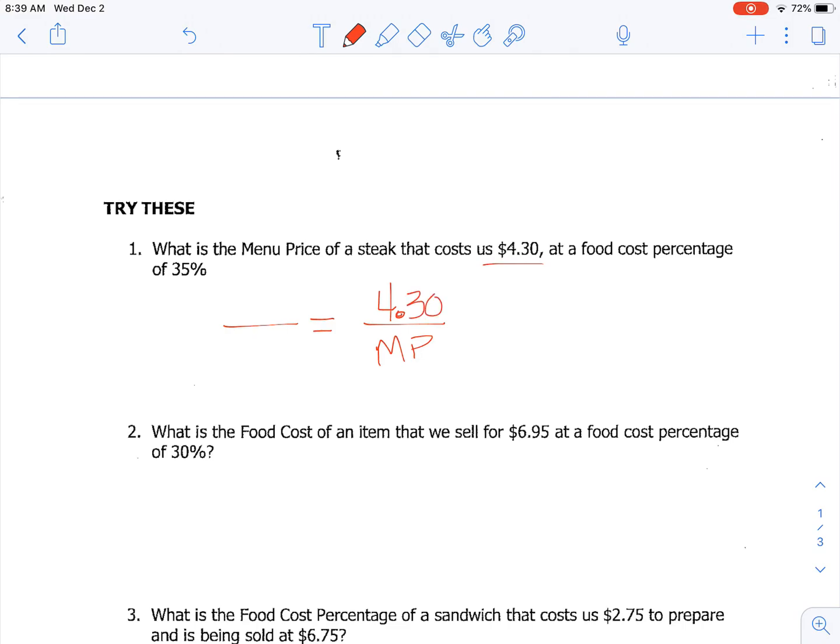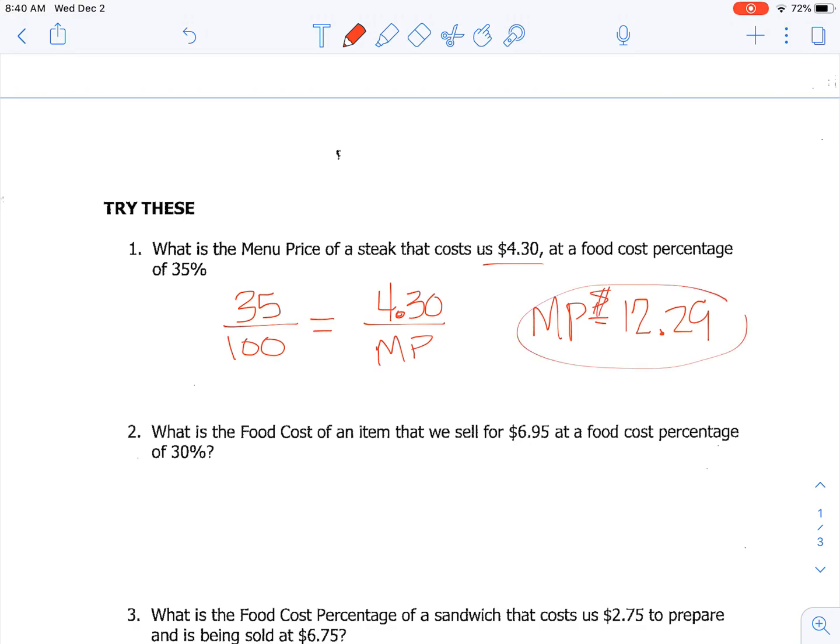So that's the food cost. And the food cost percentage is 35. I cross multiply and divide. The menu price should be $12.29.